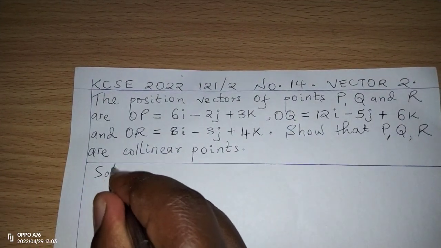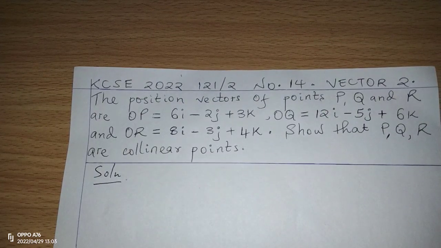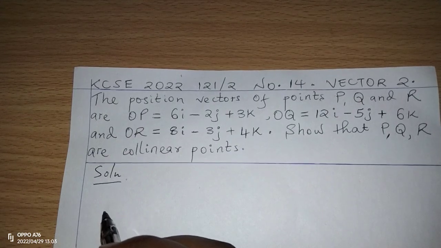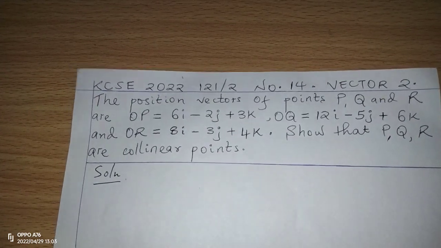So what we're going to do here is to show that 3 points are collinear. And for us to show that points are collinear, we just prove that 2 vectors are parallel and that 1 point is common.